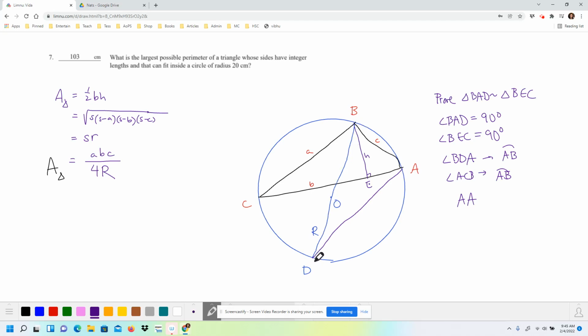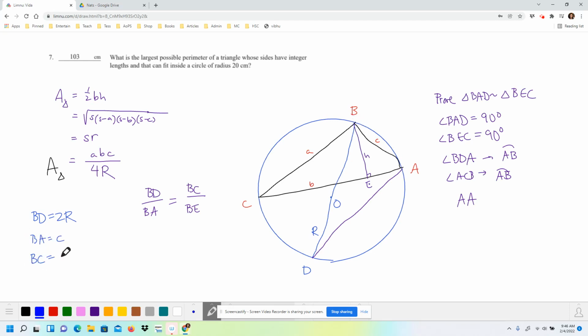Let's take a look then at the corresponding sides of these triangles. BD is the hypotenuse of triangle BAD, and let's compare it to this other side, BA. The hypotenuse of triangle BEC is BC, and the corresponding side is BE. Okay, let's outline our substitution. So BD is the diameter of the circle. BA has length c.